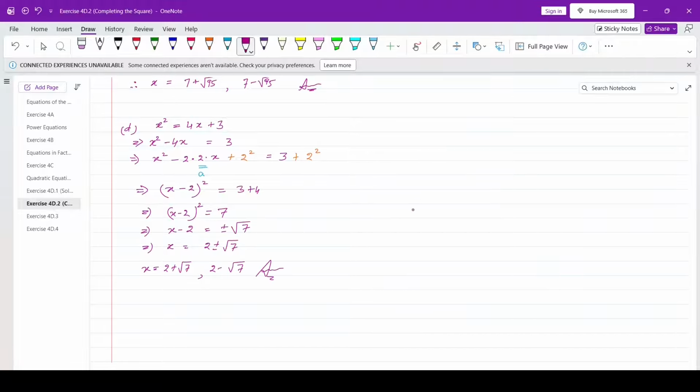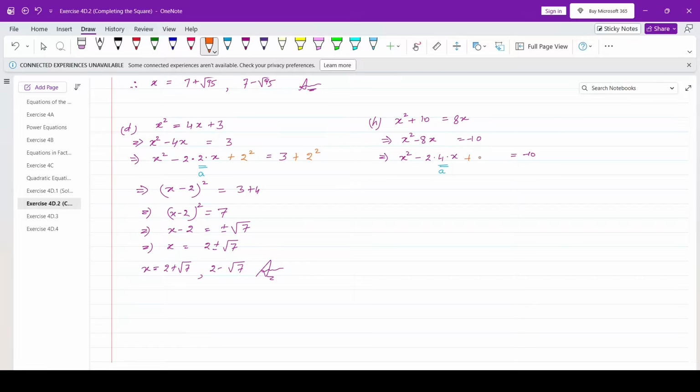That's the answer. H. X square plus 10 is equal to 8x. So first we need to separate the variable part, which is this, and the constant part, which is this. Therefore, x square minus 8x is equal to negative 10. So if we rewrite this equation, we get x square minus 2 times 4 times x is equal to negative 10. And from here we know the value of a is 4.